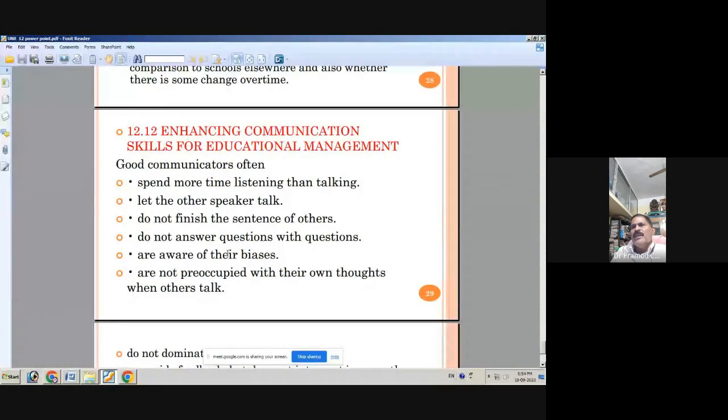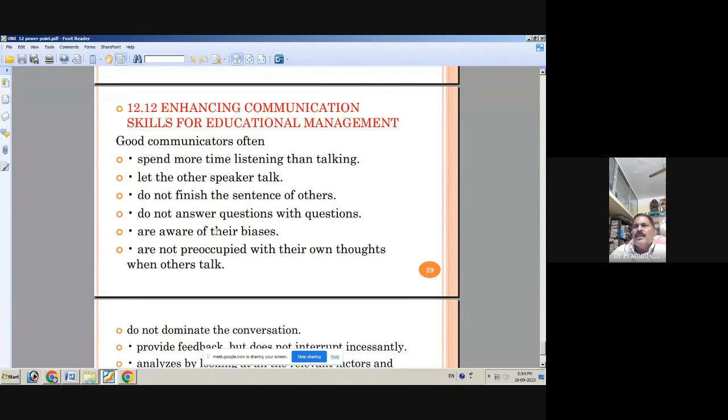But how to enhance the communication skills for educational management? Good communication is nothing but spending more time listening than talking. You will have to listen to others and let others talk. Do not finish the sentence of others. Do not answer questions with questions. If you put questions for the sake of questions, then there will be no communication.